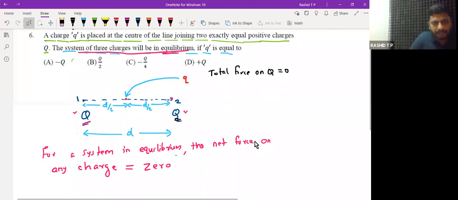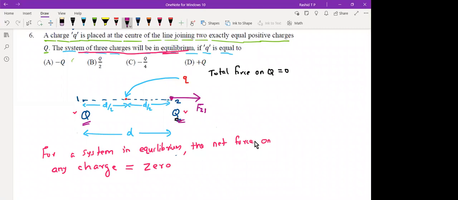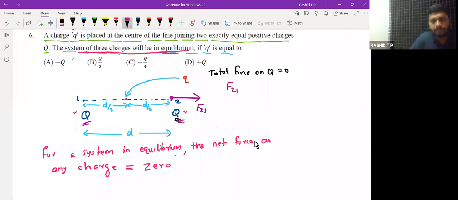First, the charge at position 1 exerts a force on charge 2. Both are positive charges, therefore this is a repulsive force. Let me write that as F21, plus.